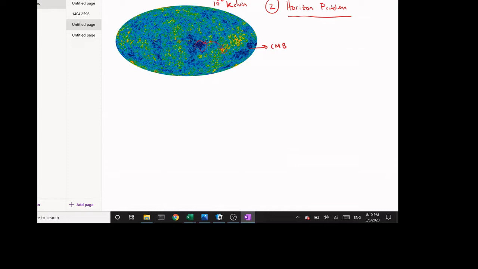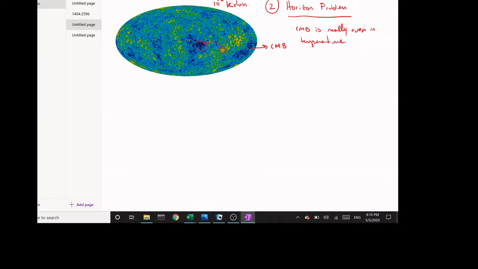So the brightest of the bright spots that you see on the CMB and the bluest of the blue spots are only separated by a temperature of 0.000001 Kelvin. What that means is that the CMB is really even in temperature.